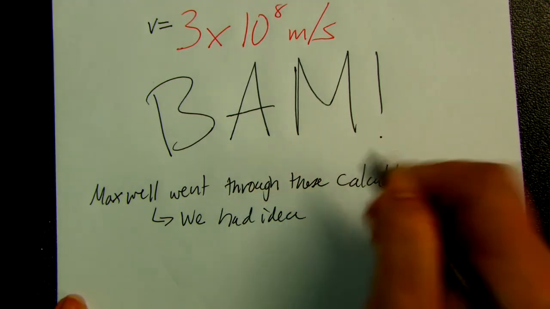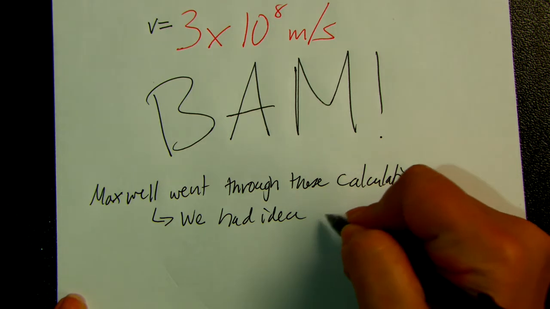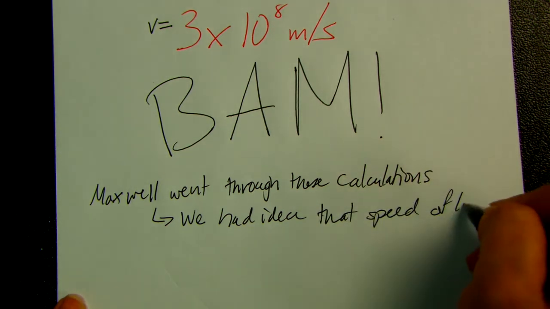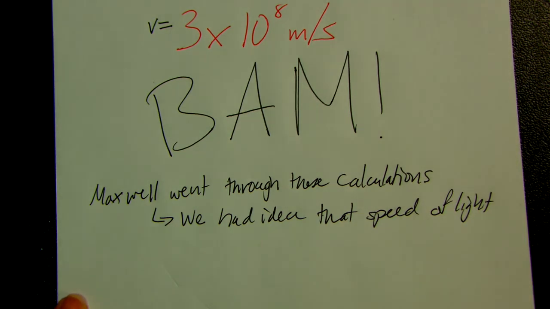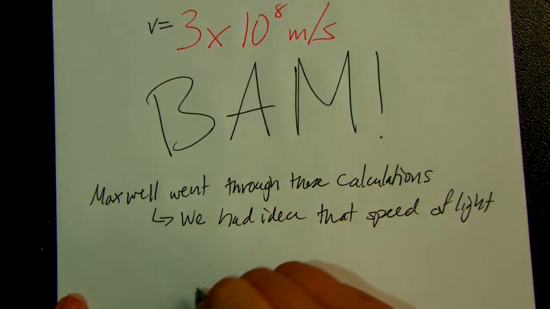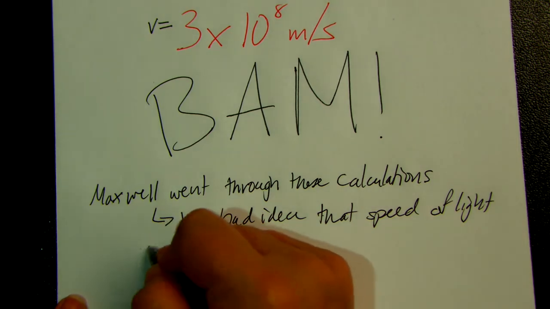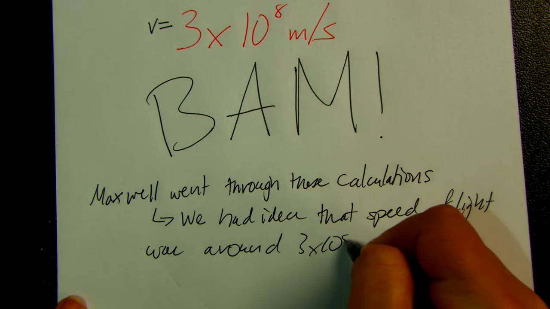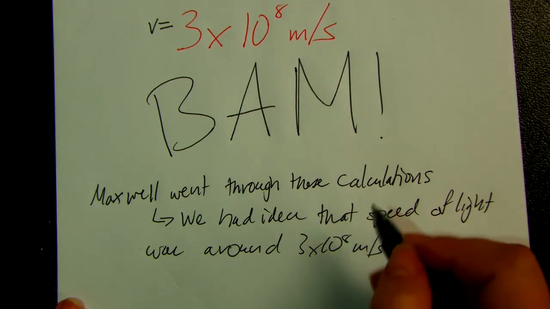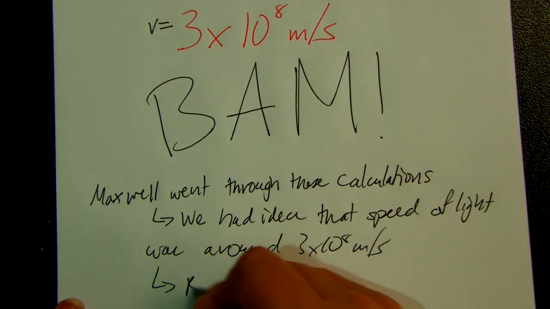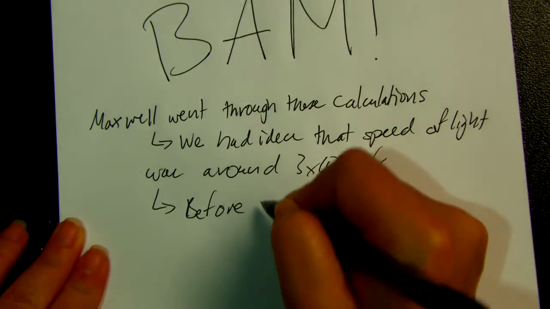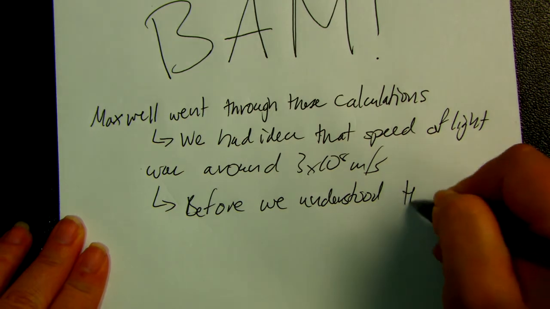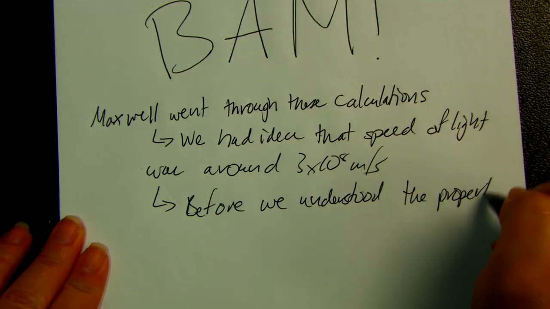People have been trying to measure the speed of light for a while, but the idea of it being a constant came from Einstein. Light was around 3 times 10 to the 8 meters per second. We knew this before we really understood the properties of light.